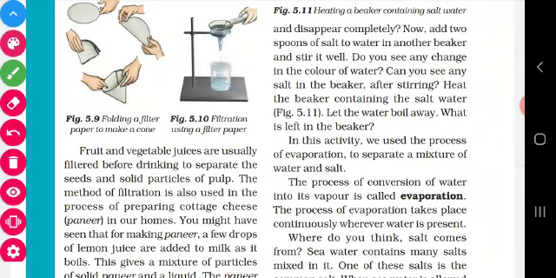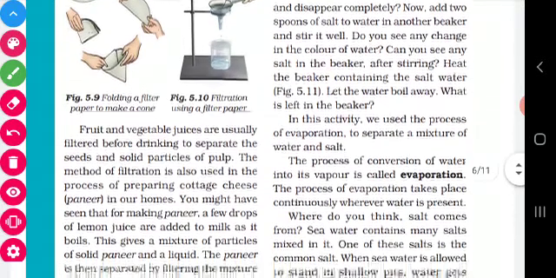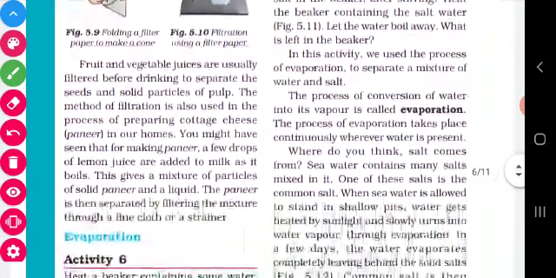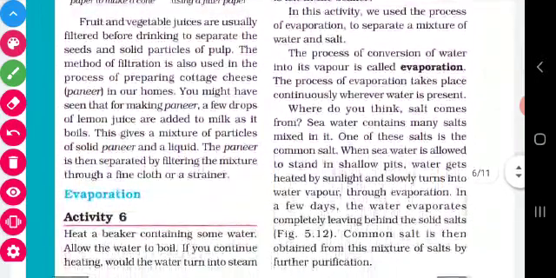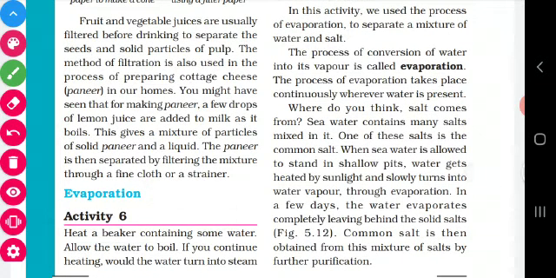For this, we have to heat the salt water. On heating, what happens? The water gets evaporated into water vapor and the salt will be left behind in the beaker itself. So we can scratch and take the salt.